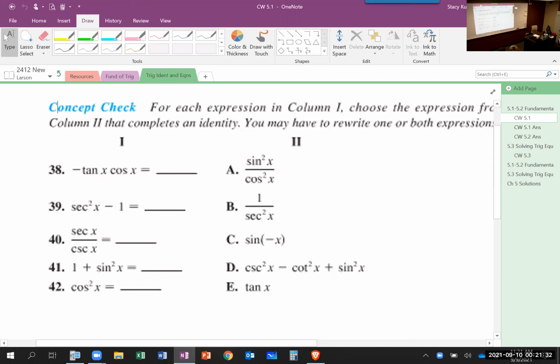How does tangent squared relate to secant squared?